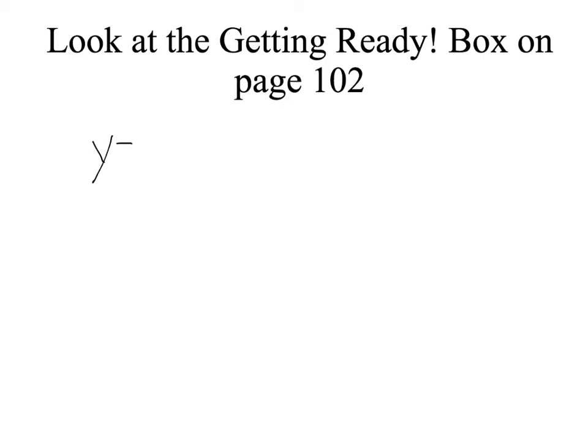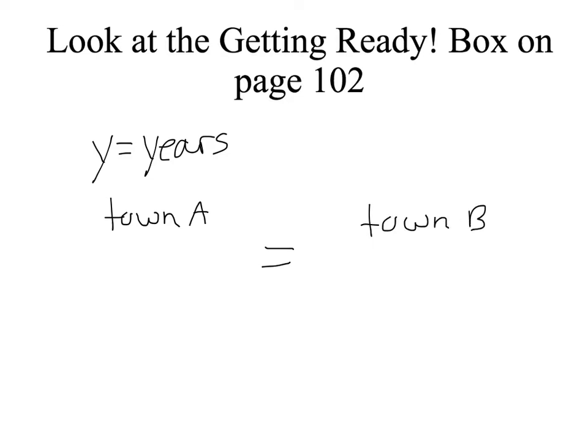So let's let our variable y equal years. Will the two towns be equal? So if we put an equal sign, and let's say we have town A on the left and town B on the right. After how many years are they going to be equal? Well, town A has a population of 3,225 right now, and its yearly growth is 100 people each year.